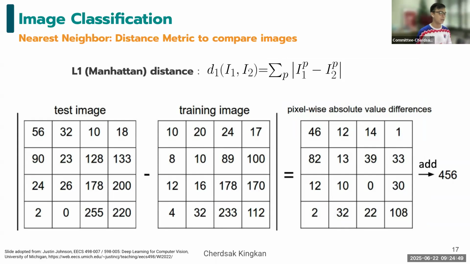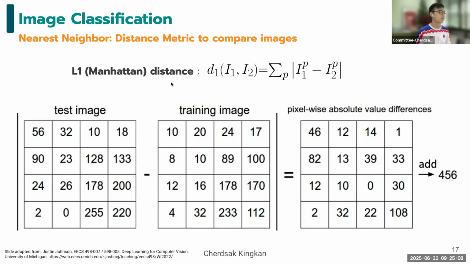There are several metrics that we can use. The first one is the L1, or Manhattan distance, right? It's just the absolute difference between the training and testing image.